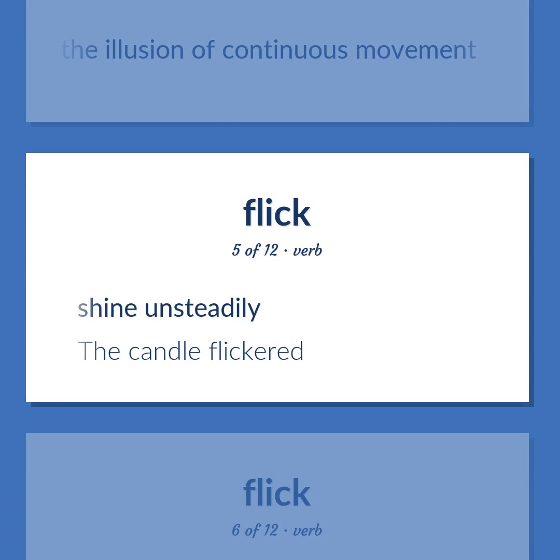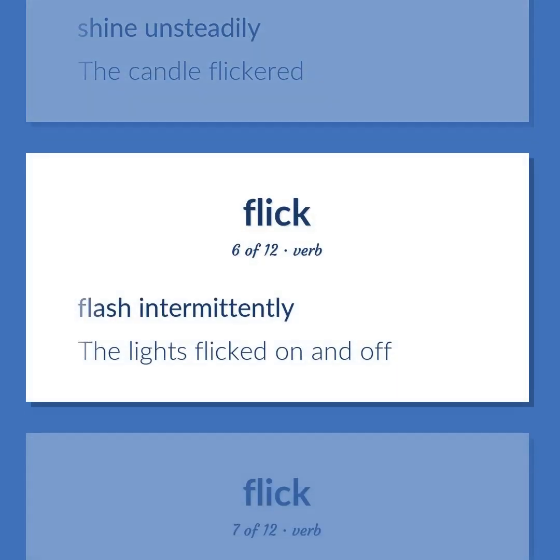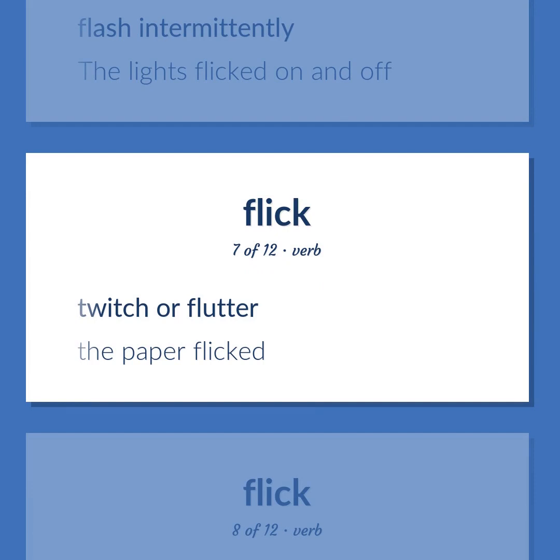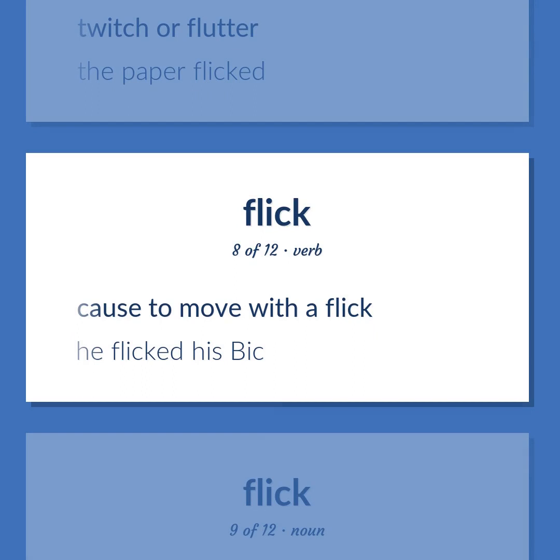The candle flickered. Flash intermittently. The lights flicked on and off. Twitch or flutter. The paper flicked. To move with a flick. He flicked his Bic.